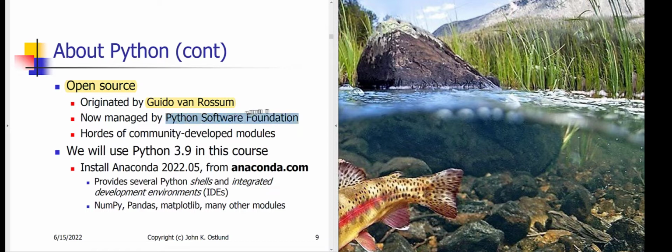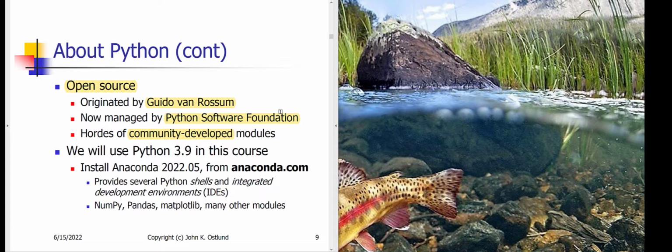Nowadays, an organization called the Python Software Foundation, loosely knit in the way of open source projects, controls Python, and they have new releases on a periodic basis. And in the so-called Python ecosystem, there are a tremendous number of modules developed for free by people in the so-called Python community.